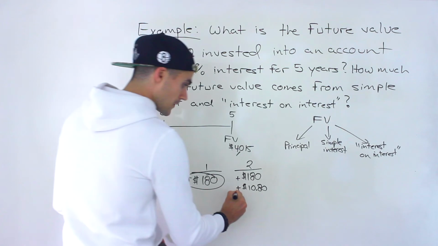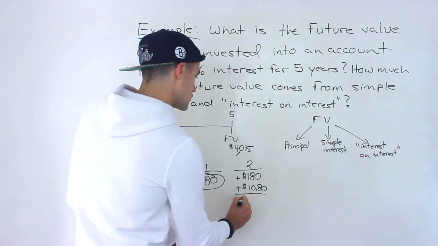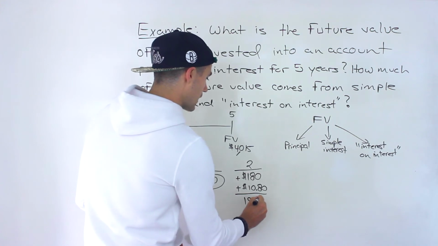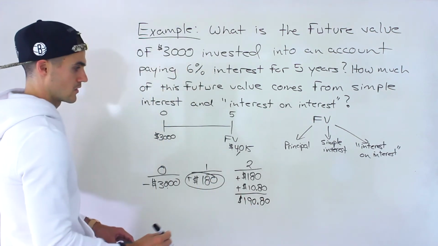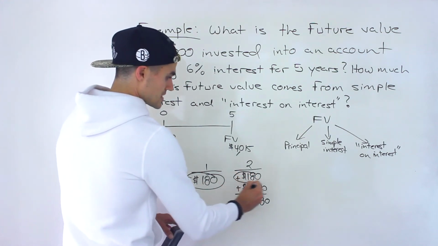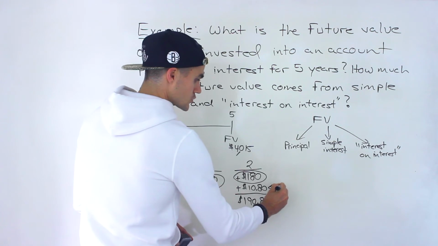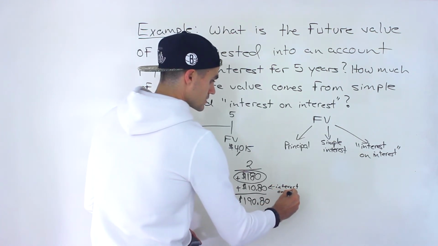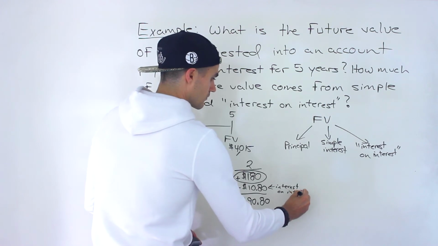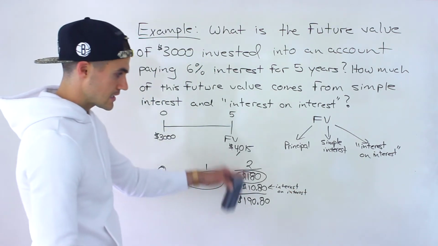And so the total amount that we'll receive in year 2 is these two added together, which would be $190.80. So the simple interest portion, and then this portion is the interest on interest portion. And that's going to continue on and on.